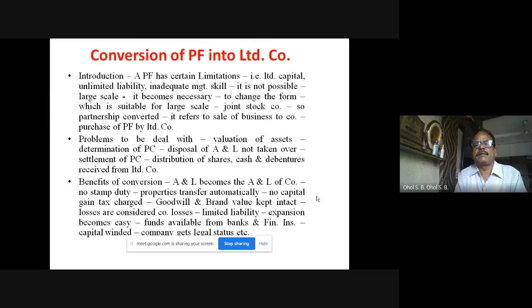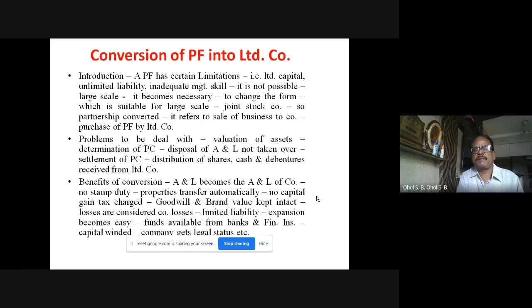One of the most important options before the partnership firm is to select the joint stock company, under which suitable large-scale business can be run. So a partnership firm can be converted into a limited company. Now, limited company and private company are different.